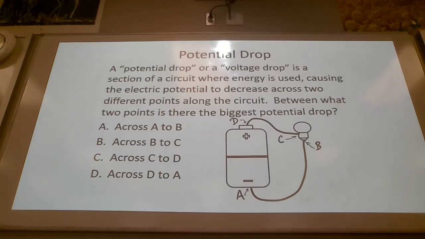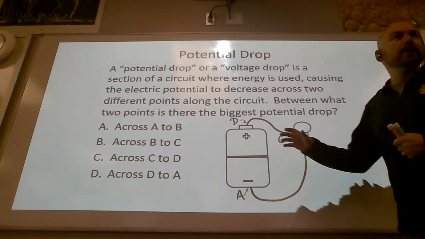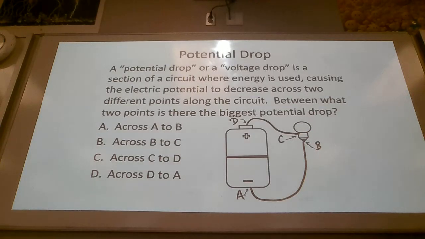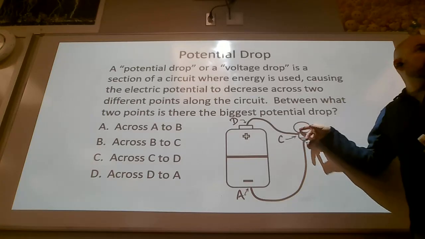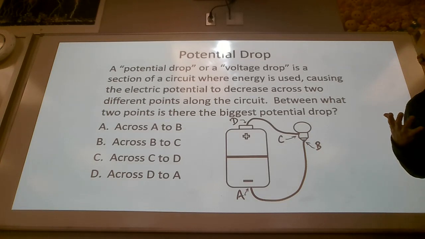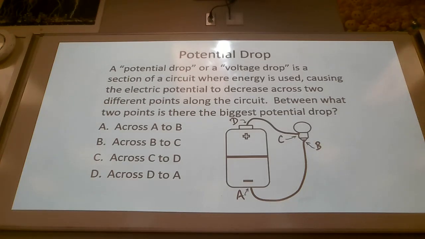Which part of the circuit takes electric potential energy away: the battery, the wires, or the light bulb? The light bulb. It takes that electric energy and converts it to heat and light.